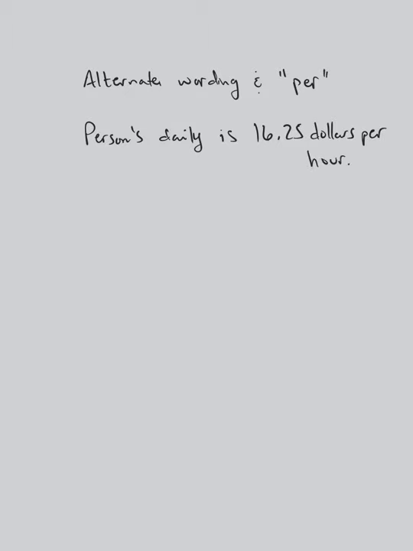Okay, like that. And so this is a little bit trickier here. Okay, and I'll just try to explain this here. And so if you remember, we would say, sorry, I didn't write the word pay, the person's daily pay. So we call that P. And then here we have this is, which means equals, right? But if you notice over here on this side, we have that 16.25, and then it's the dollars per hour. That's called a rate.